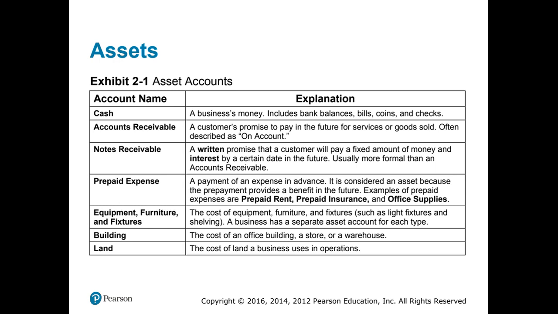It could even be where maybe a friend, relating it to personal life. Maybe a friend says, hey, can I please borrow $500 from you and I'll pay you back later? Well, you can either just give them the cash, or you could have them sign a piece of paper stating that you loaned them $500, they're going to pay you back later.